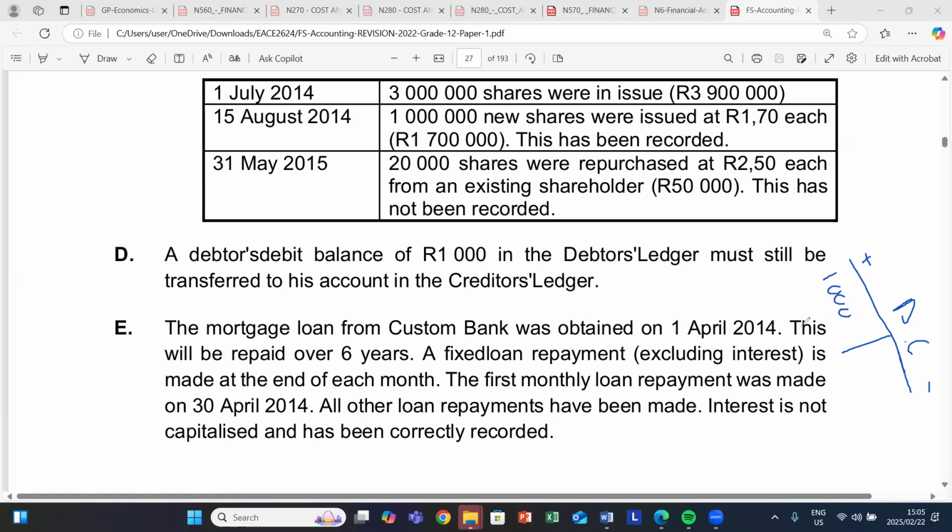Okay. How did you deal with that transaction? There's supposed to be a credit balance. Oh, you didn't notice that adjustment.